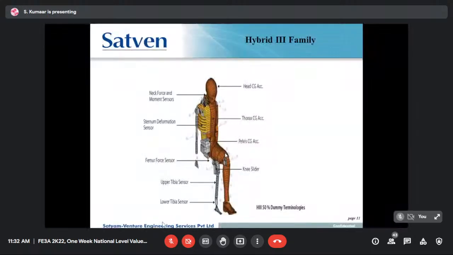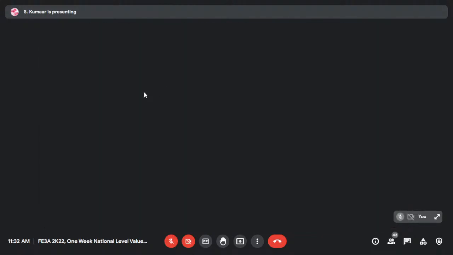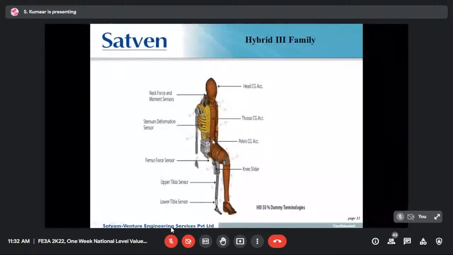Here, if you notice, we have the head CG accelerometer. Here at the neck and the neck movement, we have force sensors. Here we have one more sensor to measure the chest deflection or sternum deflection. And here they keep one more accelerometer in the thorax region. This is the pelvis region. This is the force sensor at the femur regions, for the right side and left side.